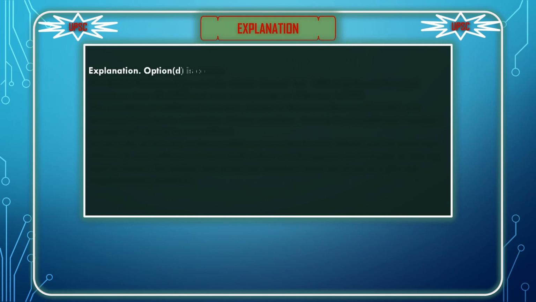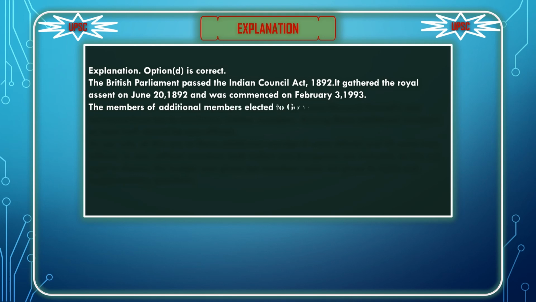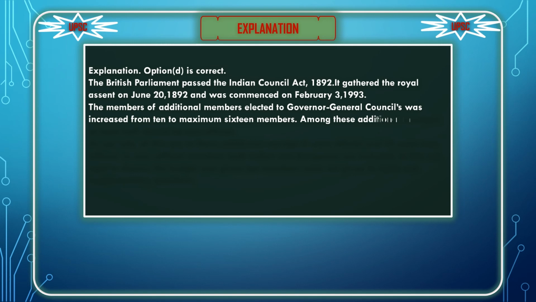Explanation. Option D is correct. The British Parliament passed the Indian Council Act, 1892. It gathered the royal assent on June 20, 1892, and was commenced on February 3, 1893. The numbers of additional members elected to Governor-General councils was increased from 10 to maximum 16 members.